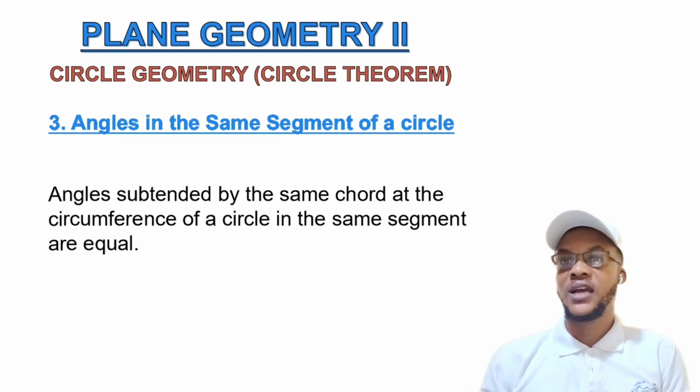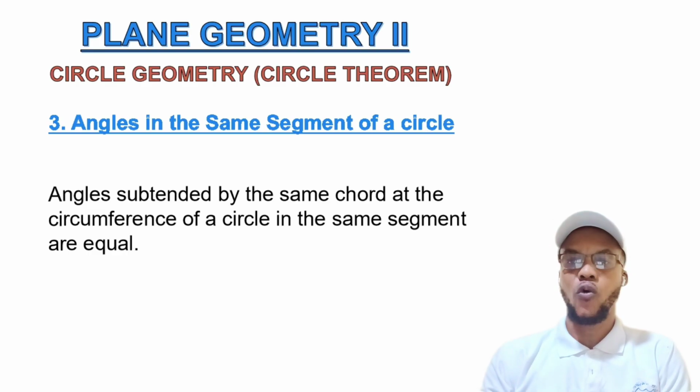So even if you have as many angles as you like, once you realize that they have the same chord, then those angles are equal. That is what we are talking about.